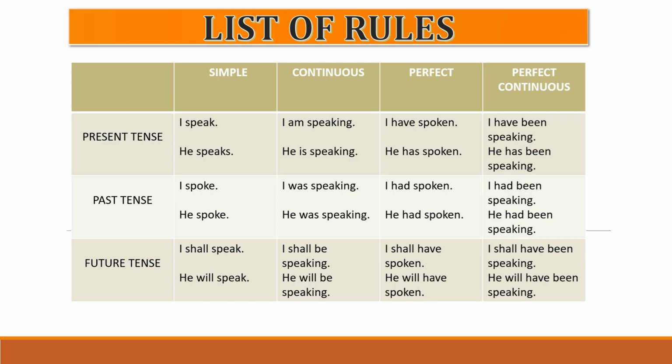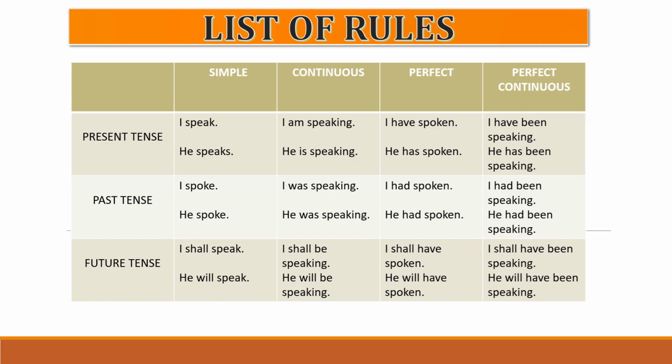of the verb. Now the last one, that is past perfect continuous tense. In past perfect continuous tense, you have to remember, at first we'll write subject. Subject is I, had been speaking. Now had been is auxiliary verb, right?